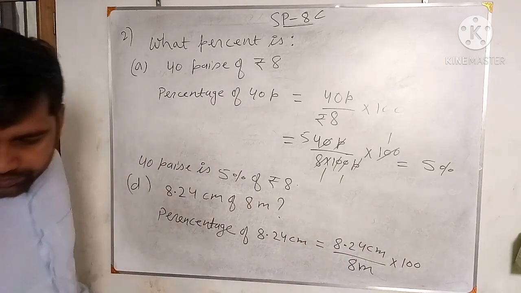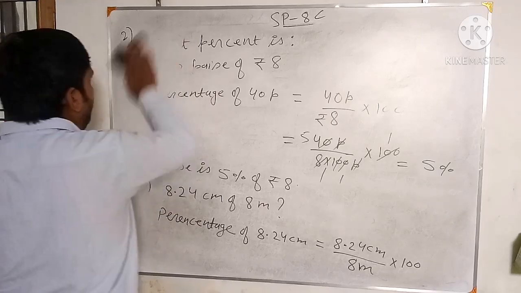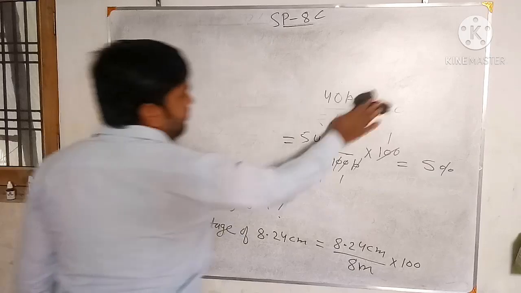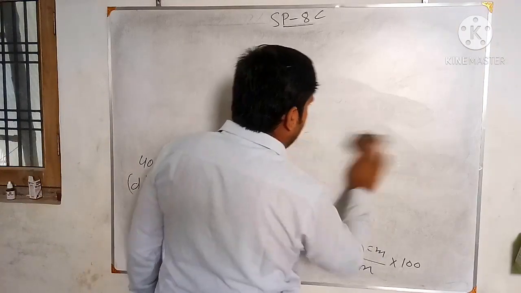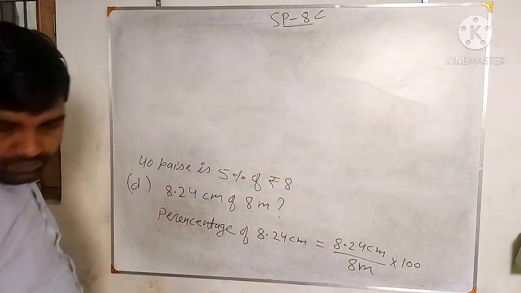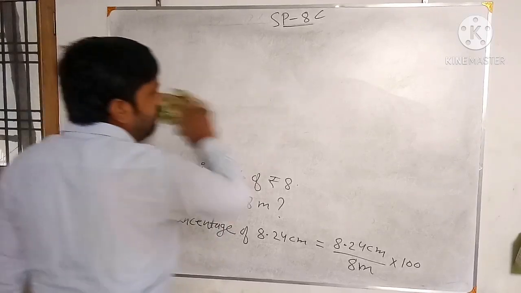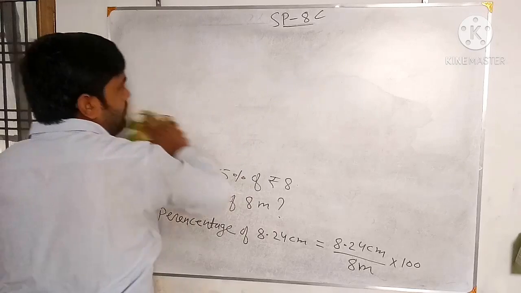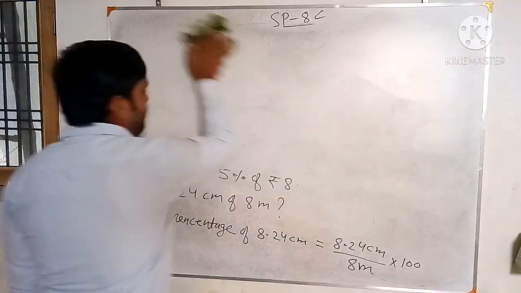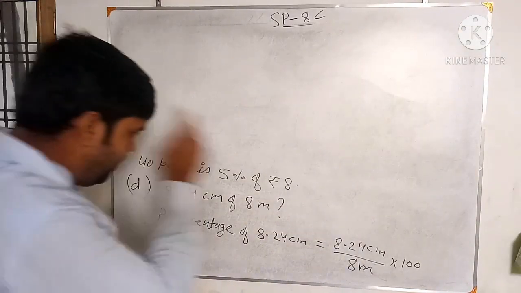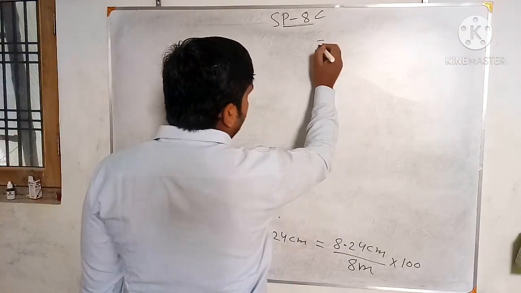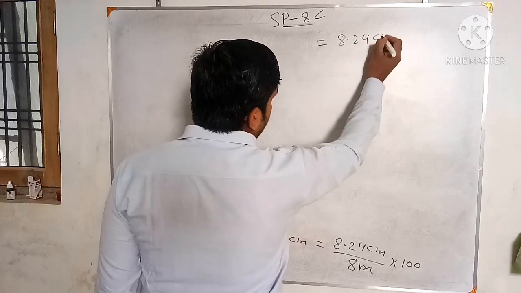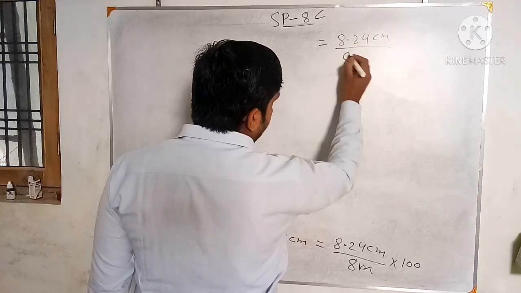Okay. So now see how we do this question. Equals 8.24 centimeter by 8 into 100.